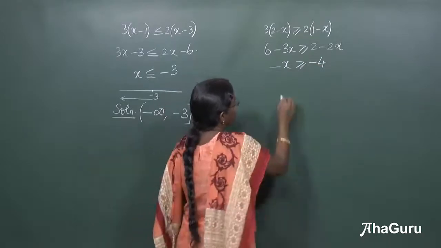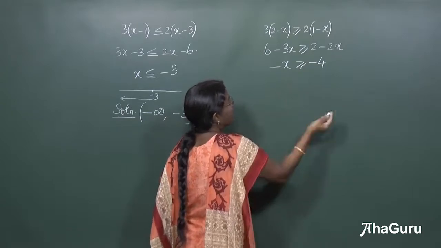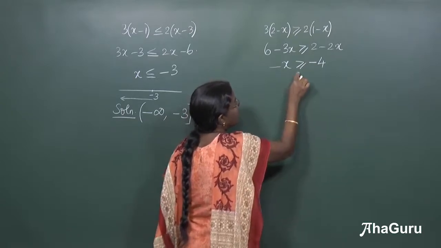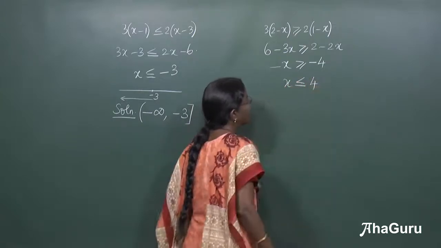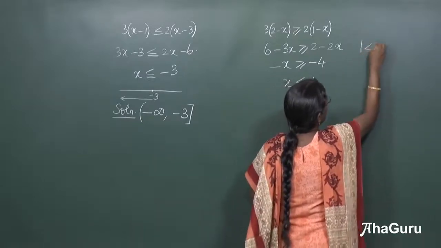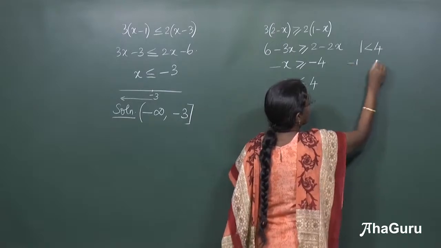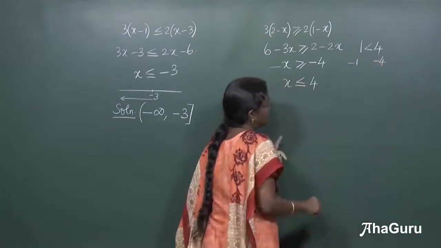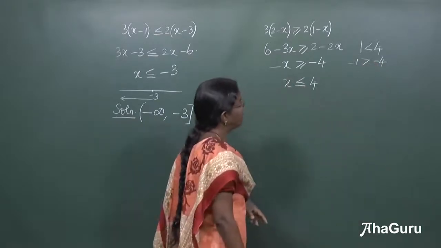As I told you, whenever you multiply or divide both sides by a negative constant, the inequality is going to change, or you get x is less than or equal to 4. A very simple example: you know that 1 is less than 4. Minus 1 and minus 4, if you consider, the inequality is going to change, and this is the inequality you get.